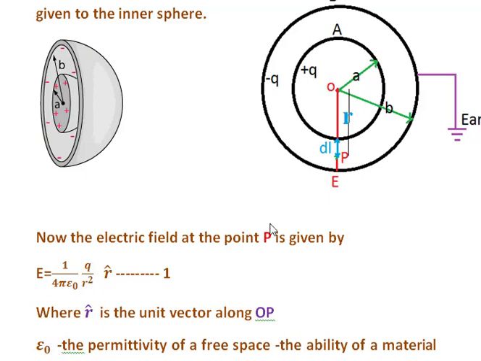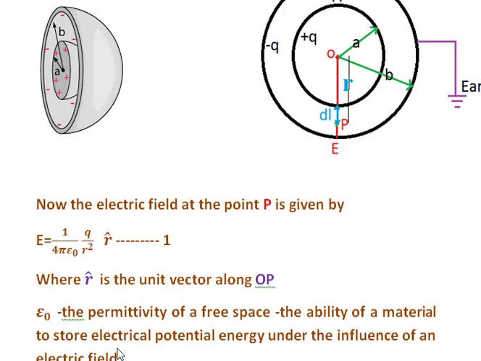So the epsilon depends upon the material present in this space between the spheres. In our study, the air is present, and the permittivity of the air is epsilon naught. What is permittivity? It is the ability of a material like air or a dielectric material to store electrical potential energy under the influence of an electric field.